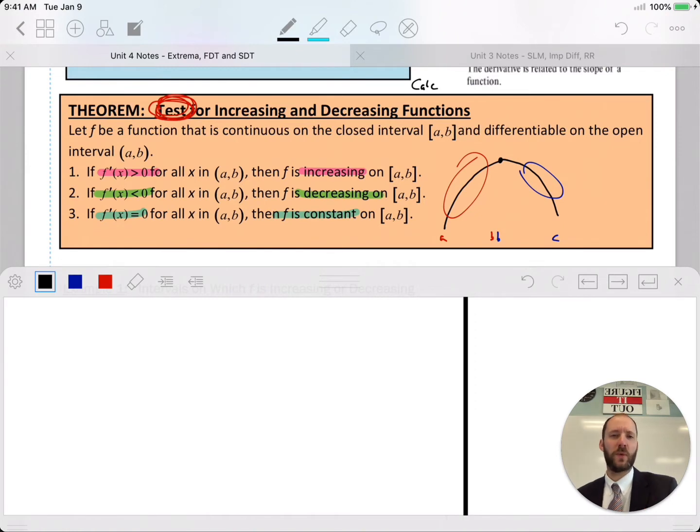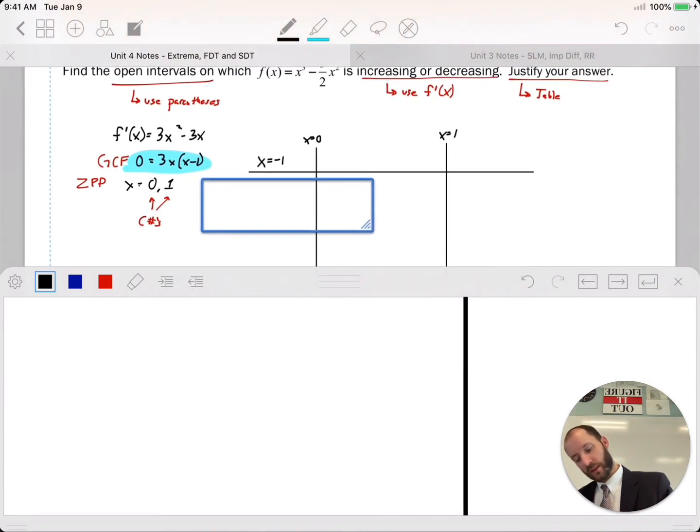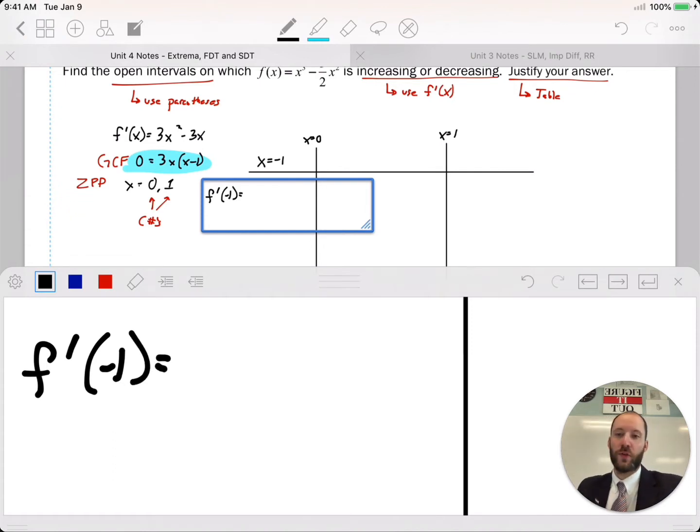We don't care what the number is, we only really care about the sign, okay? So f prime of negative 1, if you plug that into 3x, so 3 times negative 1, that's negative. Plug it into the parentheses, so negative 1 minus 1, that's also negative.